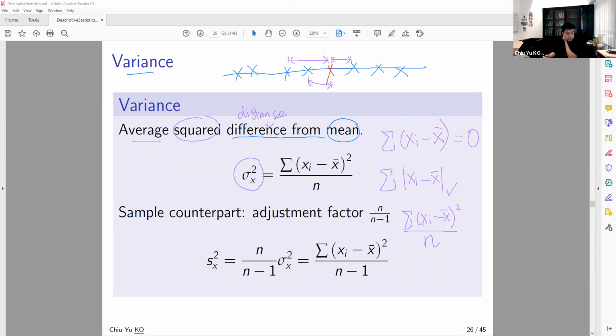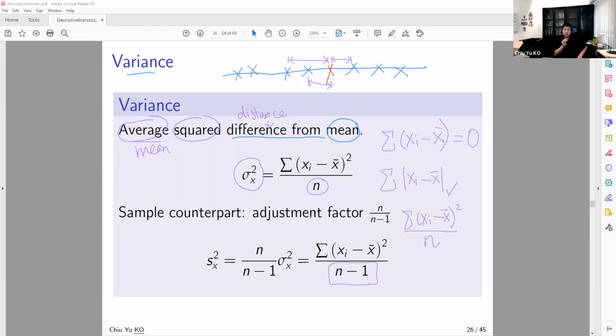And if you look at the textbook or somewhere online, you will see it's not n, but n minus 1, okay? Then you see n minus 1, and it's weird, right? It's no longer an average, or the mean distance from the mean, okay?